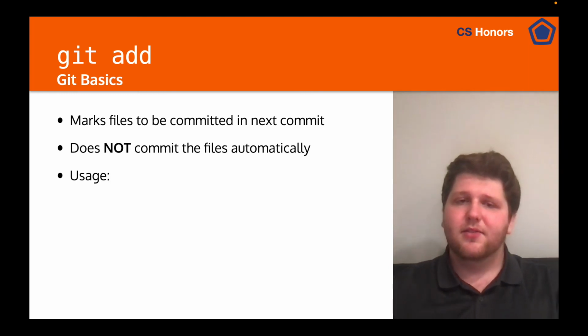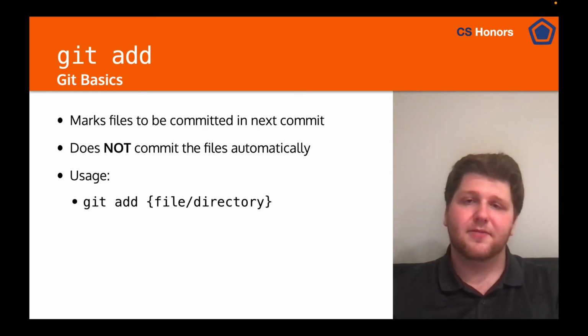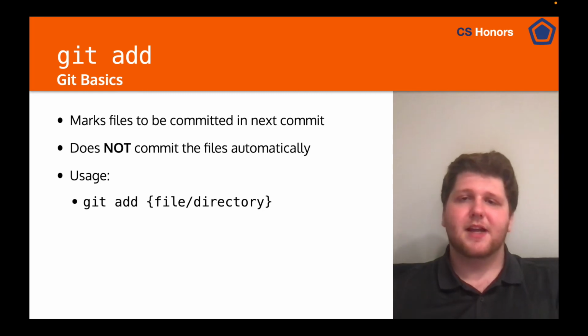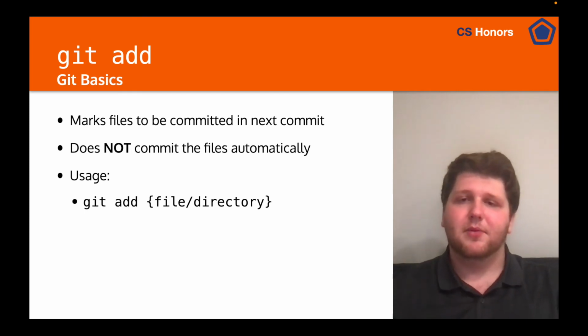So to use git add, you can do git add and then either a specific file or a directory that you want to add things in, right? So you can add a specific file like myshoppinglist.txt, or you can add an entire directory, and it would add all of the files or subdirectories within there.